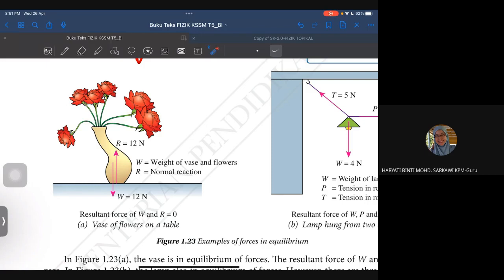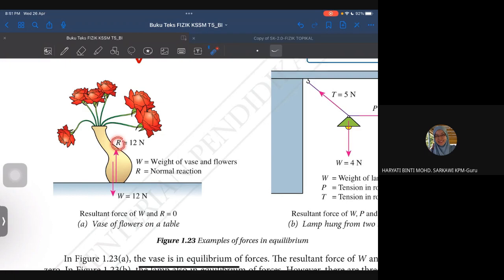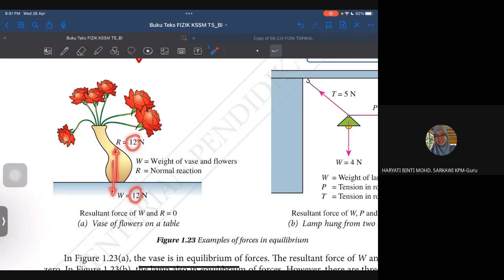So in this case, R will be equal to W. The magnitudes will be equal because they are acting in opposite directions. W is downward and R is upward. The magnitudes of the two forces are the same but in opposite directions, and the resultant force, the net force, equals 0.